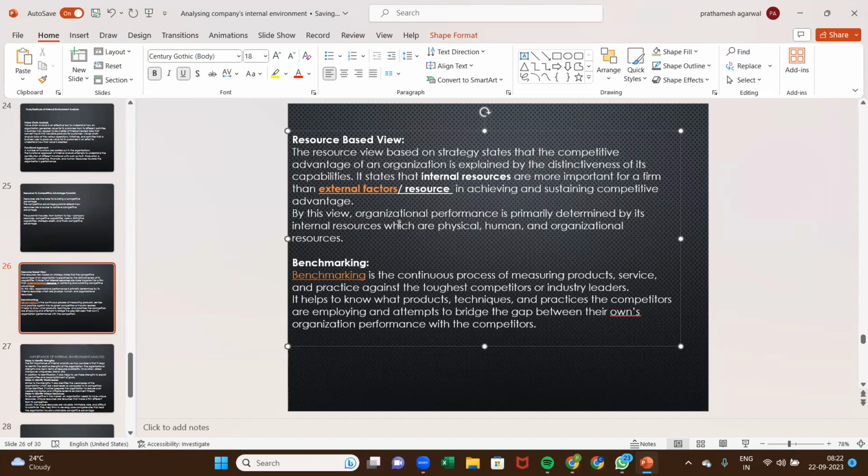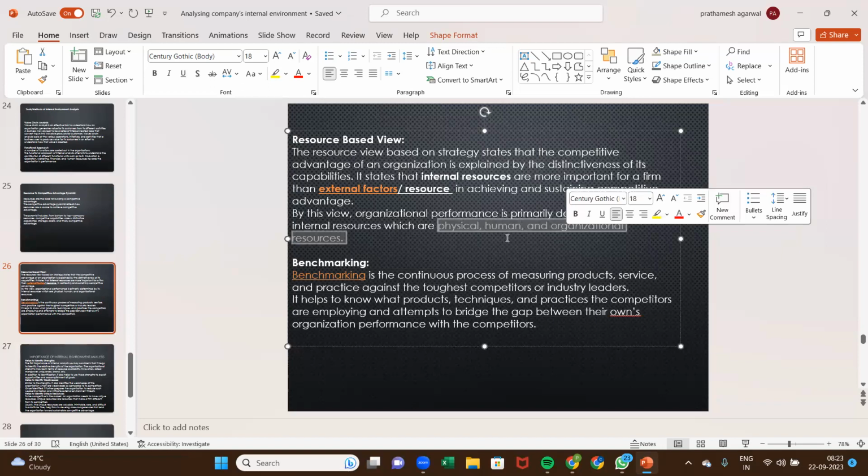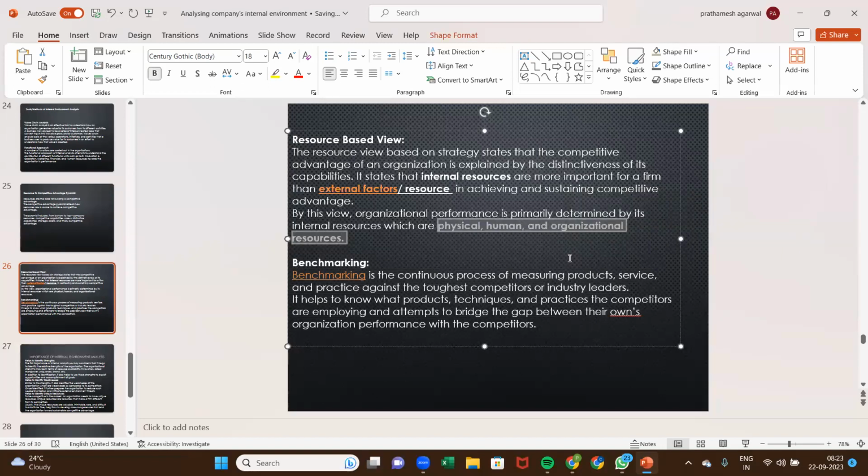By this view, organizational performance is primarily determined by its internal resources, which are physical, human, and organizational resources. So these internal factors will play a very important role in sustaining the competitive edge or advantage.